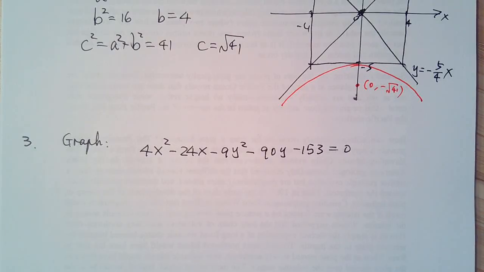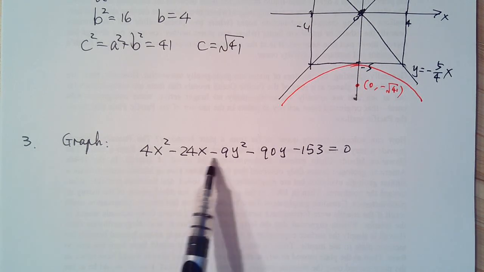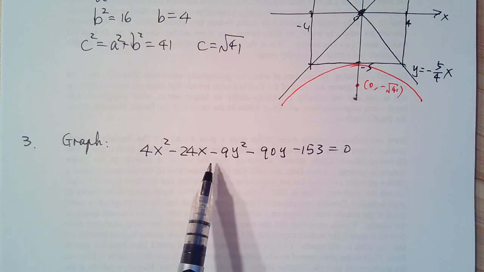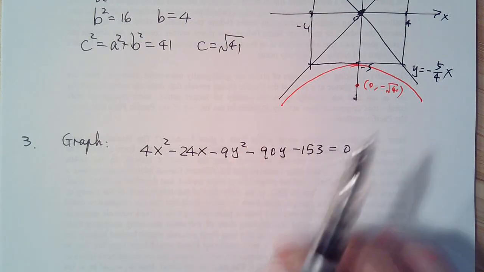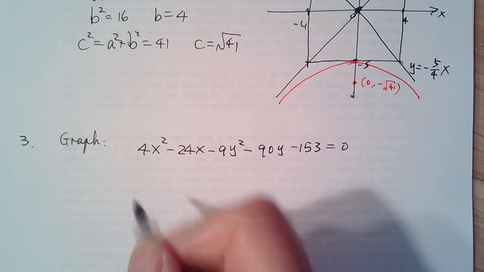And of course, it's pretty hard, right? So what you need to do is, first of all, look at the square terms. You have x squared, you have y squared, and one positive, one negative. Okay, we know we are going to have a hyperbola. The next thing is you have to complete the square. You use completing the square to change this into the standard form that we have.